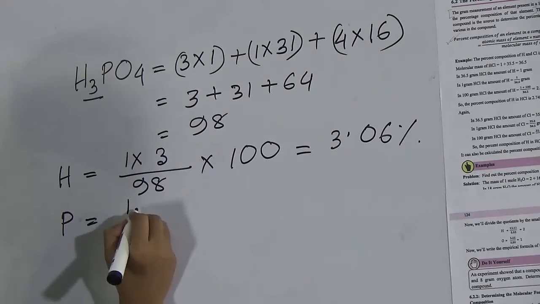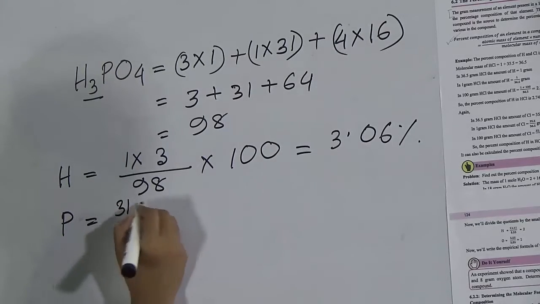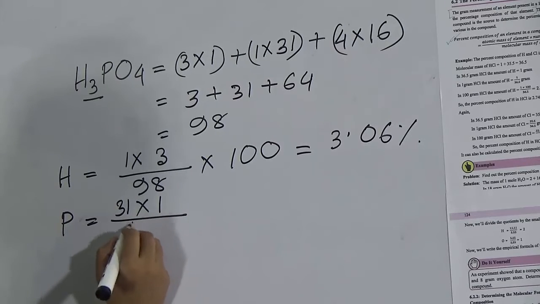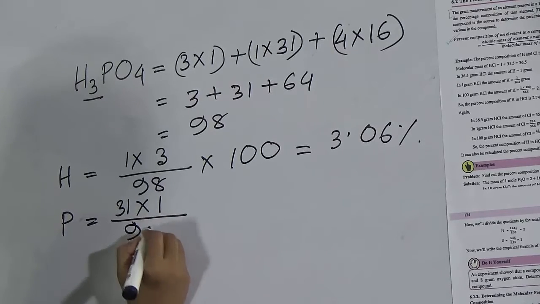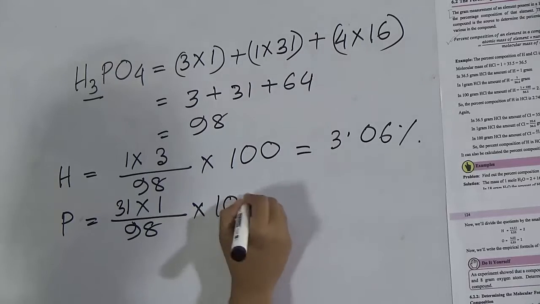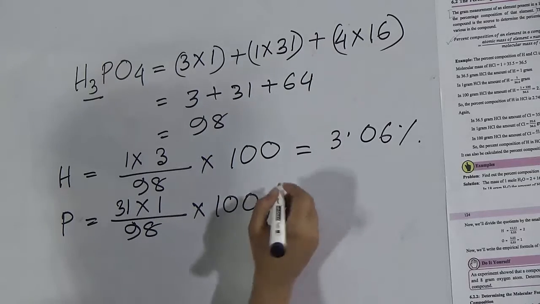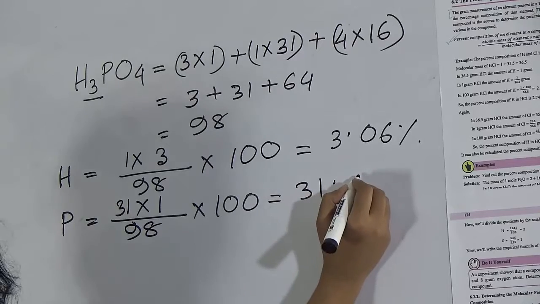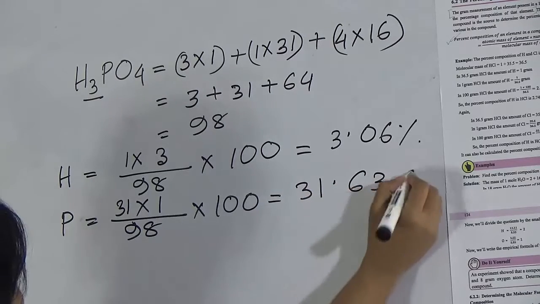Now come to phosphorus. Its atomic mass is 31, it has 1 atom in phosphoric acid, and 98 is the molecular mass of phosphoric acid, multiplied by 100. If we calculate, we will get 31.63%.